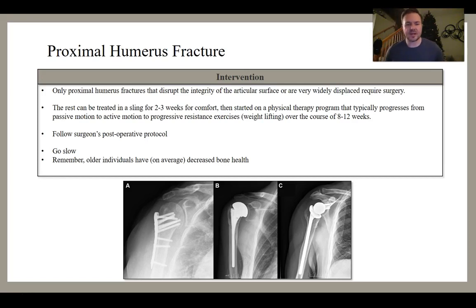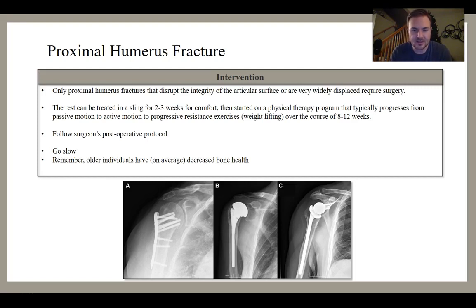So if we look at the very bottom, you can see that much like the clavicle fracture, you have an ORIF in picture A. So plates and screws to help fix the fracture. In picture B, you have what we call an anatomical total shoulder arthroplasty. We'd know this as a total shoulder replacement in vernacular.